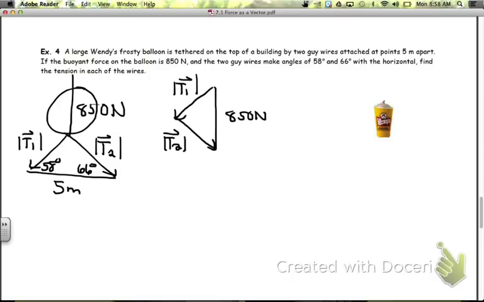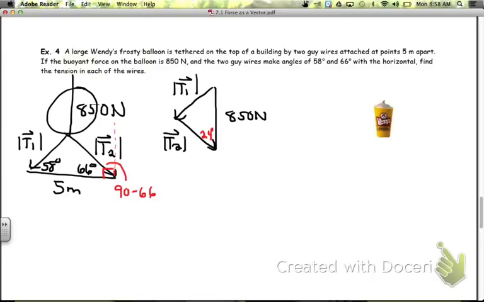So now how do I use my angles? Well, if I were to draw a vertical line here, this would have created a 90-degree triangle. So to find that angle measurement, I would do 90 minus 66, which gives me 24 degrees.